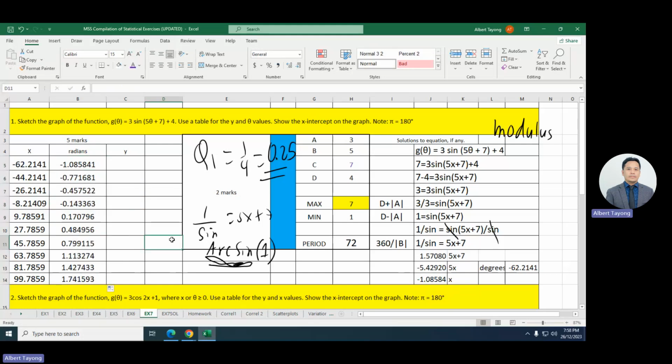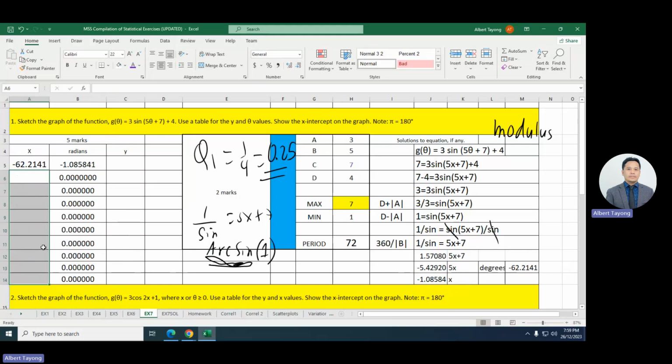You get it? Do you have the same values here? Negative 44, 26. What do you mean here? You added some numbers here like this?